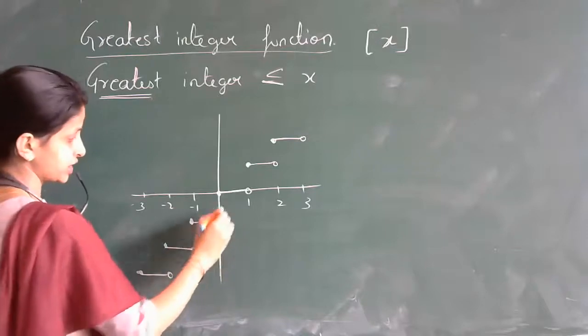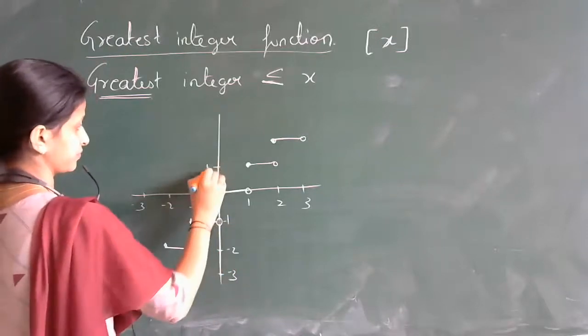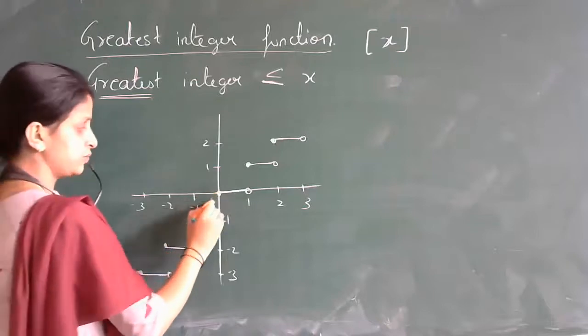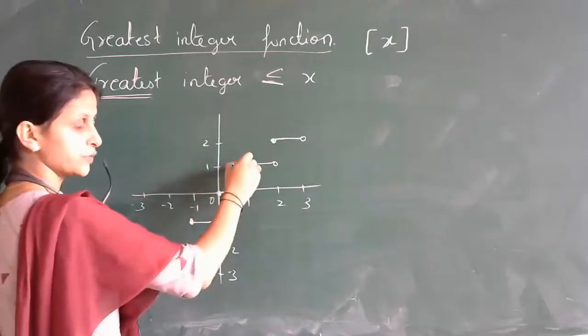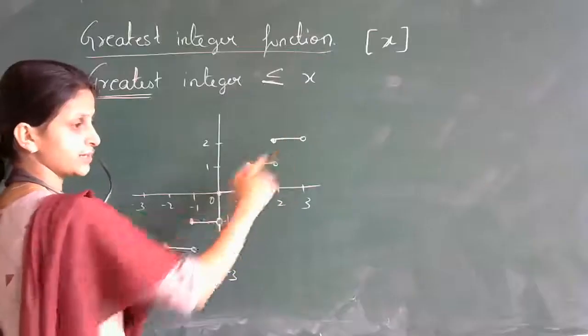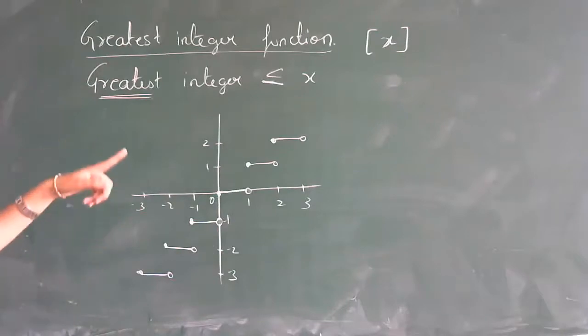You have to understand. So the graph of the function will look like this. Here at 0 it is 0, at 1 it is 1. Here there is a blank dot, here also, and here. I hope you are able to see. So the graph of the greatest integer function will look something like this.